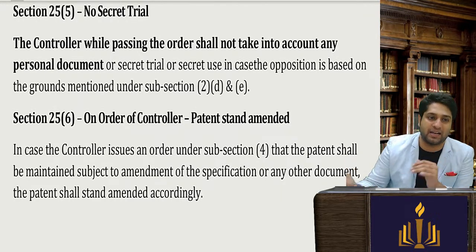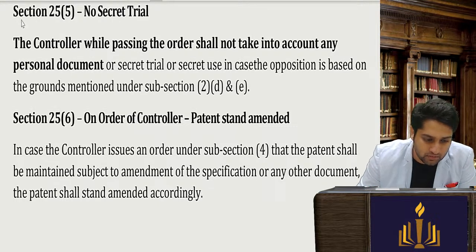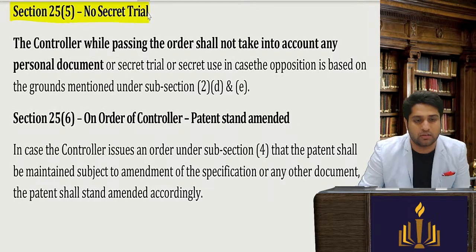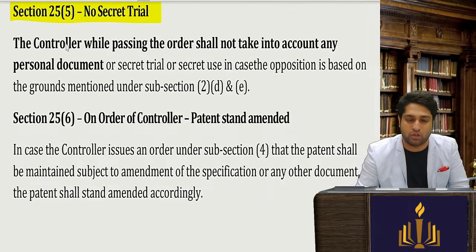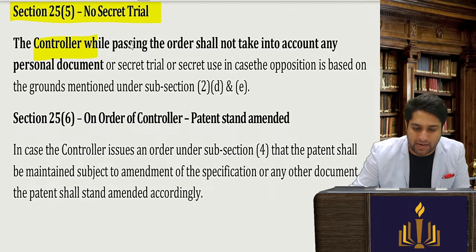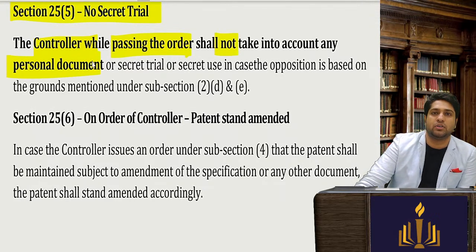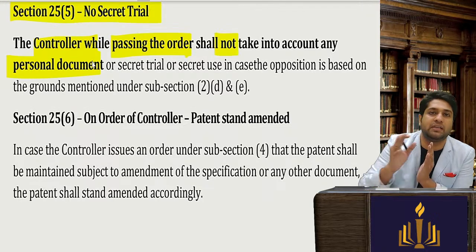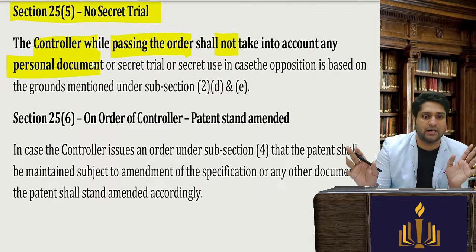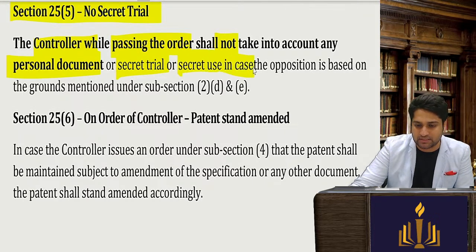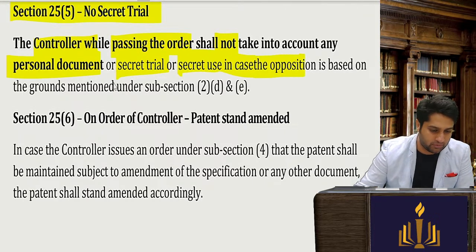So no secret trial can be done, because it will lead to corruption and independence will be lost. The controller, while passing the order, shall not take into account any personal document. So sometimes closed envelopes have been given. That is not allowed. Secret trials, secret use in case of opposition should not be allowed.